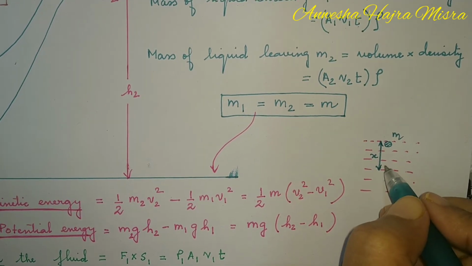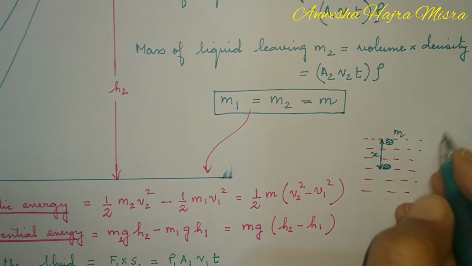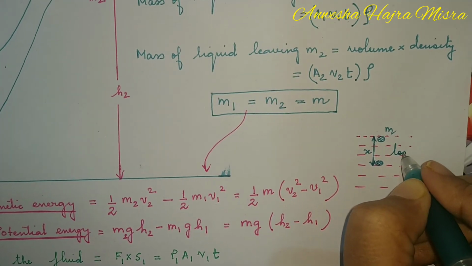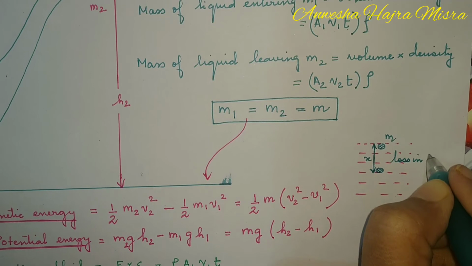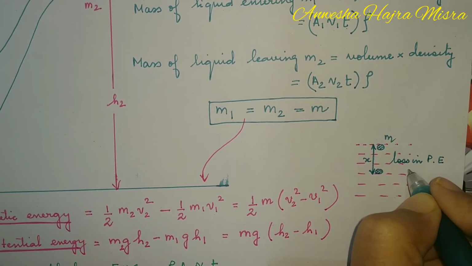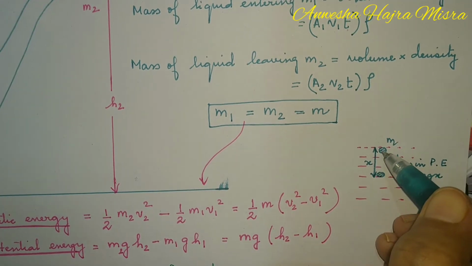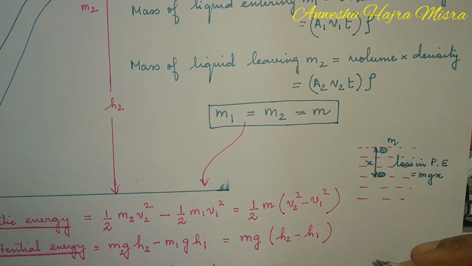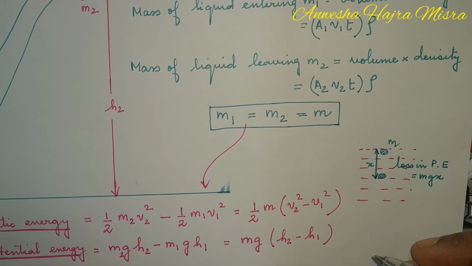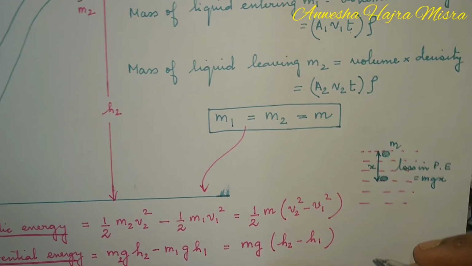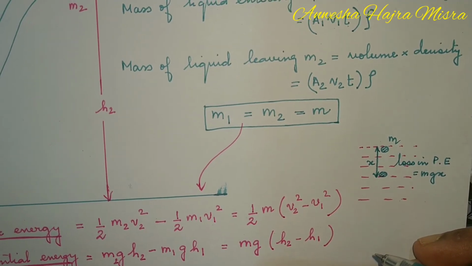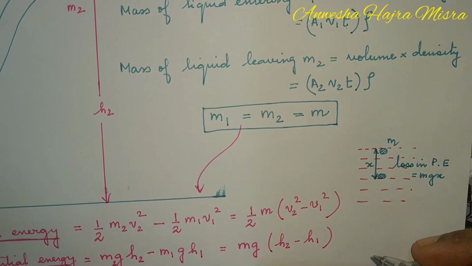So what happens? When this mass comes over here, there is a loss in potential energy, mgx. When a liquid comes down, there is a loss in potential energy. The liquid is not moving. So what happens? Kinetic energy is not increasing.